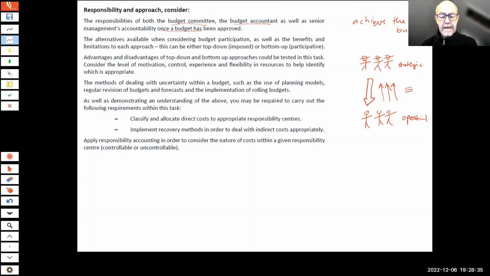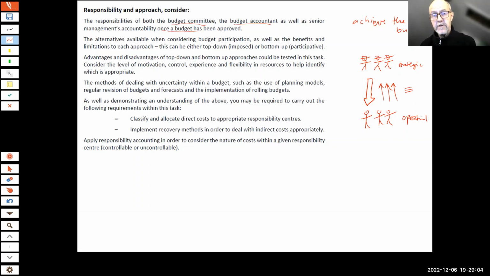To an extent, the bigger an organisation, the more likely it is that large amounts will be determined high up. So the NHS will be told by the government, here you go, here's so many billion, and then that'll be divided, and there'll be relatively little input from doctors and nurses and ward managers into what budget they get.